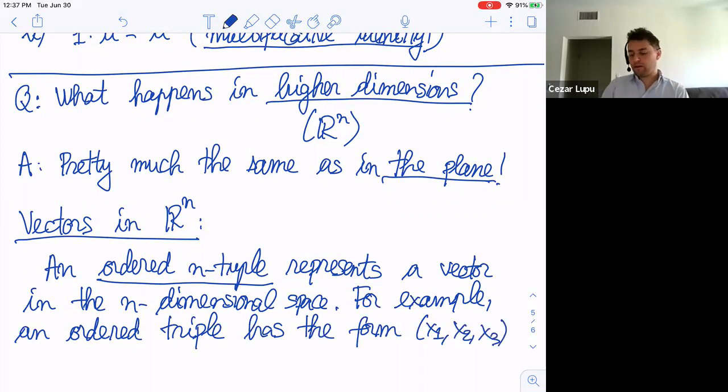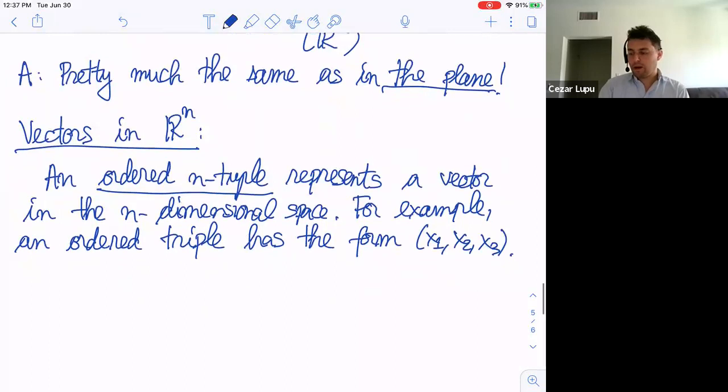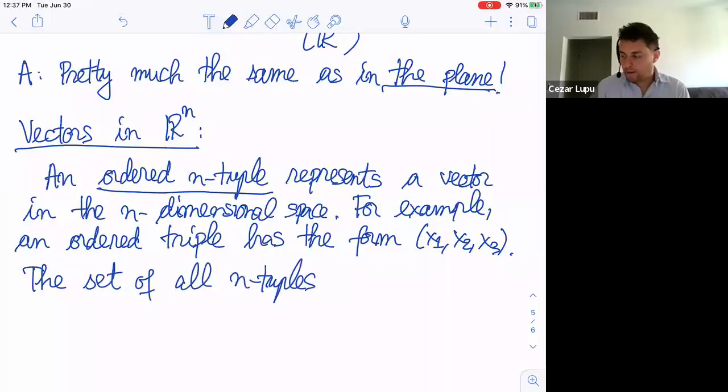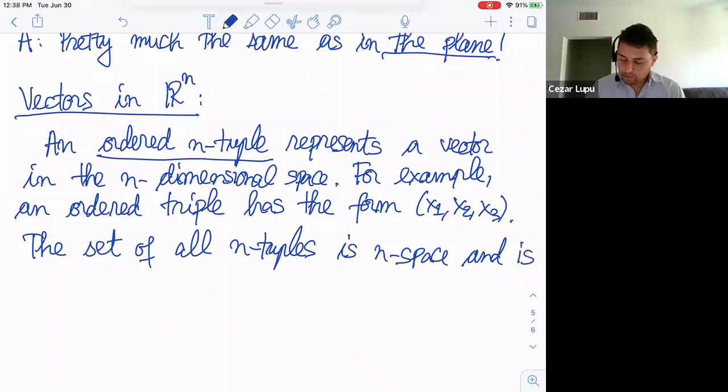So this is a vector in R3. Now, the set of all n tuples is n space, is an n space, and is denoted by Rn.